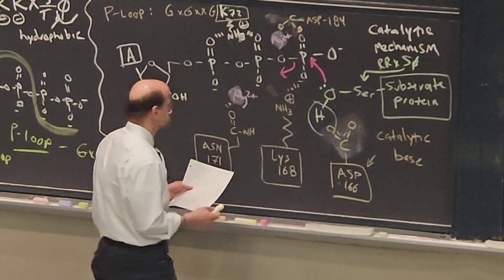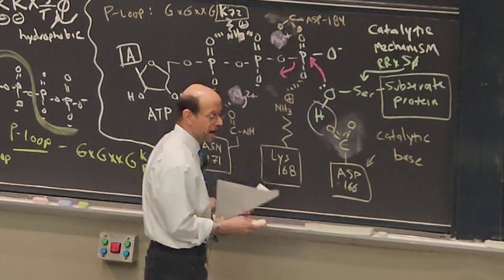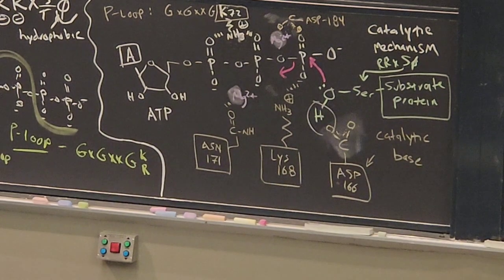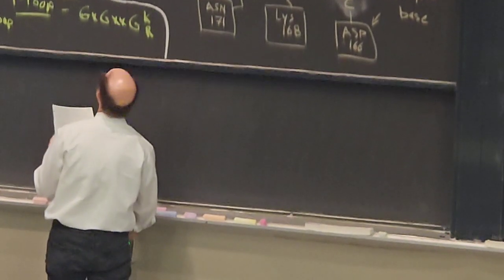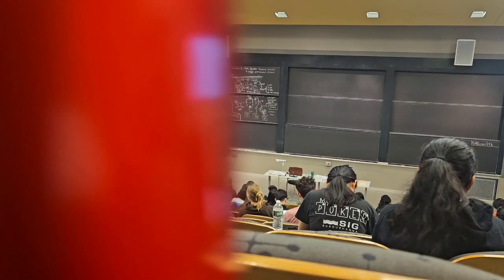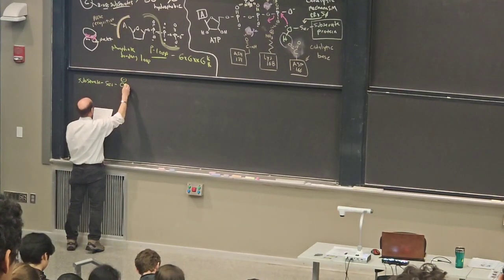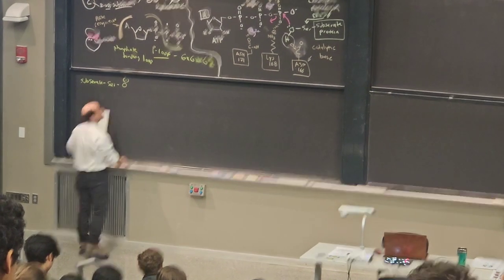Now when I deprotonate that serine, I now begin to form my transition state, which I will draw for you. So, I'm going to start out with my protein. I'll try to use the same colors for you. There's my substrate, my serine. That is now going to be attacking.